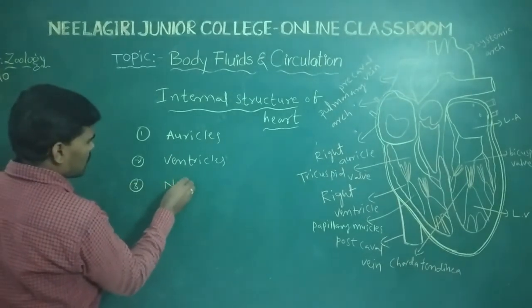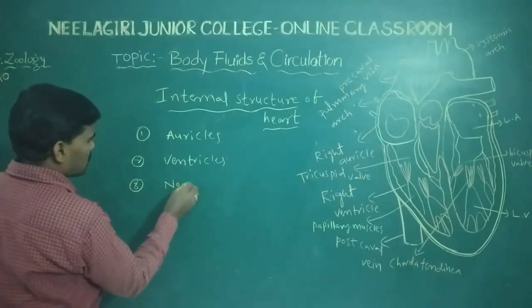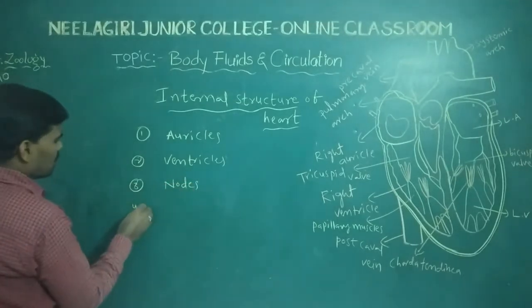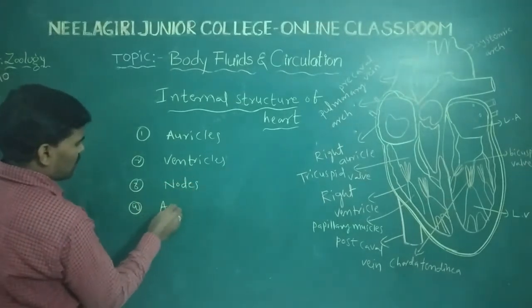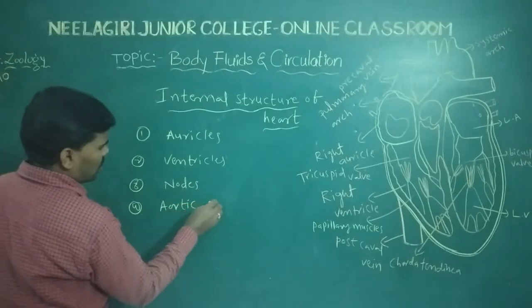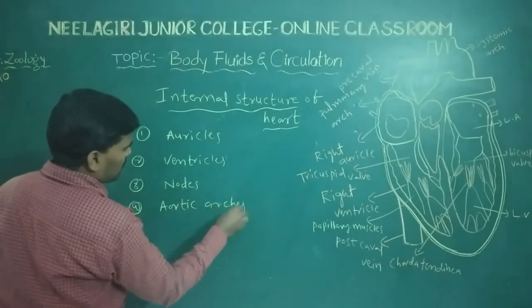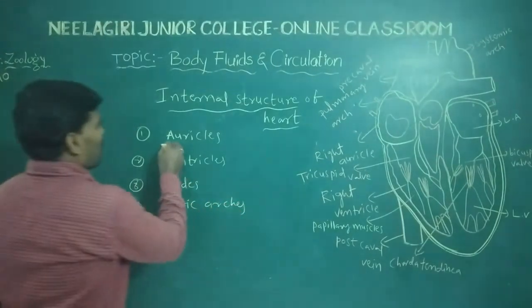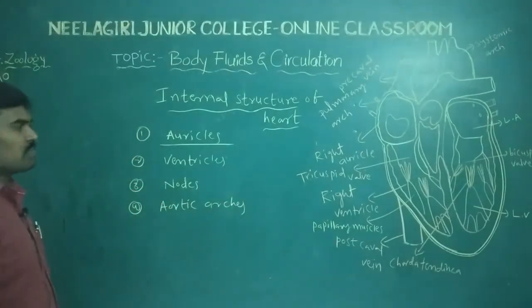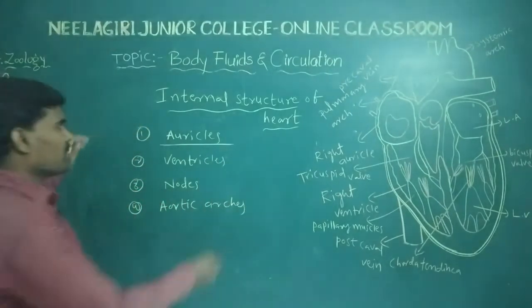Then nodes, muscular nodes. Next, aortic arches. So first, let us see the auricles.